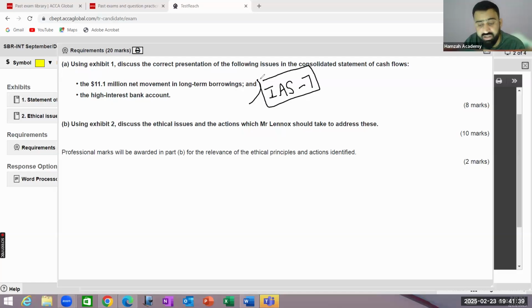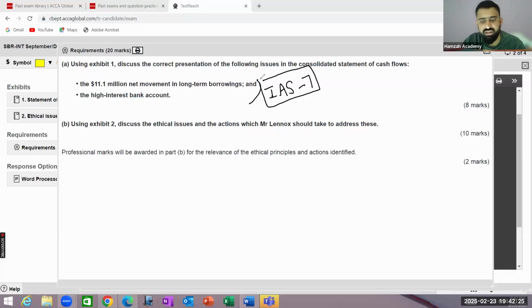If you are familiar with IAS 7, that there are 3 activities, and what sort of cash flows are presented in operating activities, and in the investing and financing activities, then obviously this question is not going to be challenging. But if a student is not giving importance to the cash flow statement or IAS 7, then obviously he or she is going to suffer.